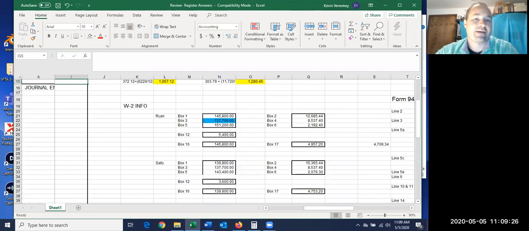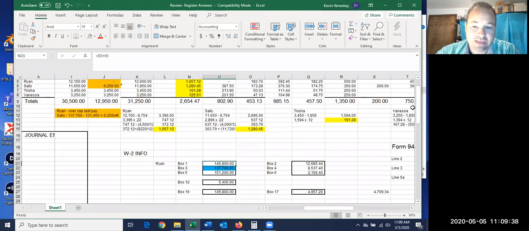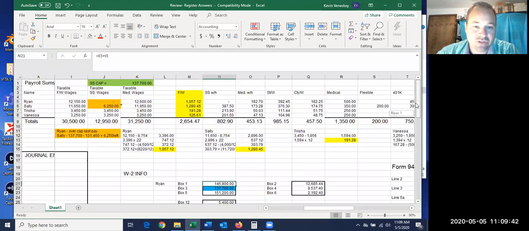Our last step, the W-2s. Hopefully this one shouldn't be too difficult. You could do this one of 2 ways. You could have just said, since there were no pay changes throughout the year, we could have taken our total taxable wages and then multiplied it by 12. I did essentially the same thing.